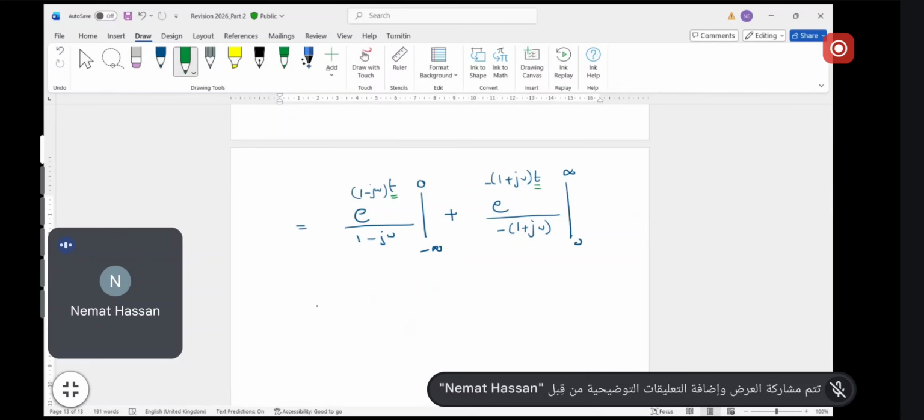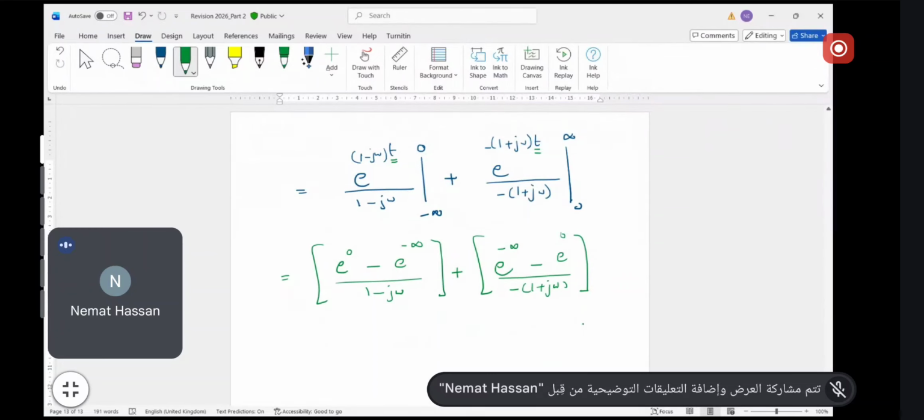So it becomes e power 0 minus e power minus infinity over 1 minus j omega. That's the first limit, right? Plus e power, because here we have negative sign, it becomes minus infinity, minus e power 0 divided by minus 1 plus j omega. Correct?